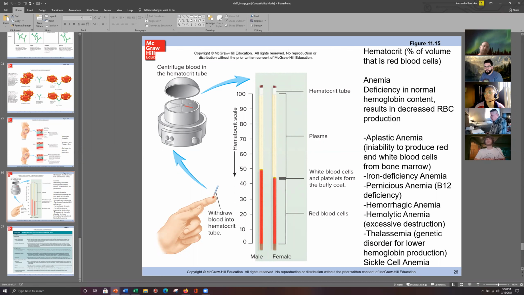You can have iron deficiency anemia, where due to dietary deficiencies or any other kind of issue, you can develop a hemoglobin deficiency. One thing that's really interesting too is that important vitamins for the production of hemoglobin involve our B vitamins, specifically B12. Pernicious anemia is a condition where you have a B12 deficiency in the diet.